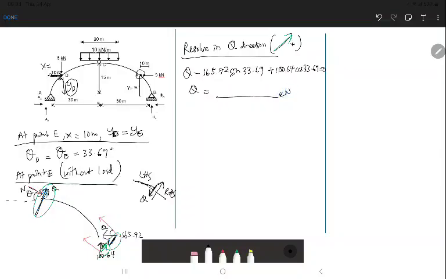Okay, you should get your q is equal to.